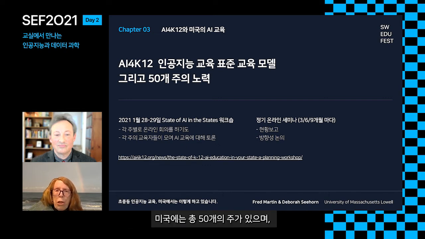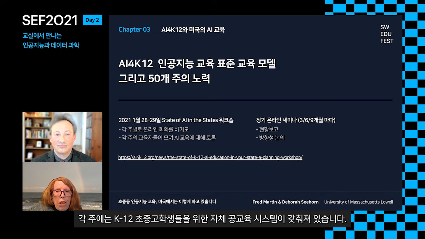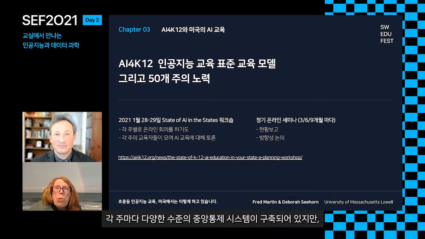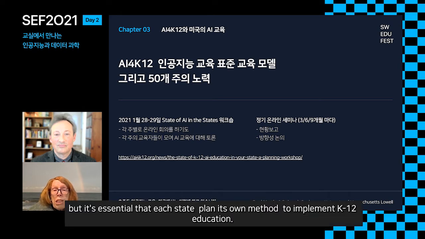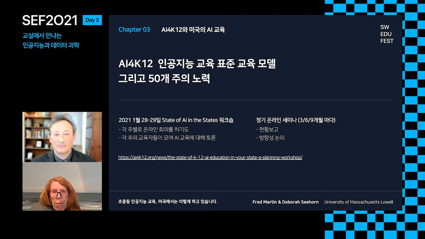We have 50 US states, and each state has their own system of public education for grades K through 12. There's some differing levels of central control in each state, but it's essential that each state plan its own method to implement K-12 AI education.